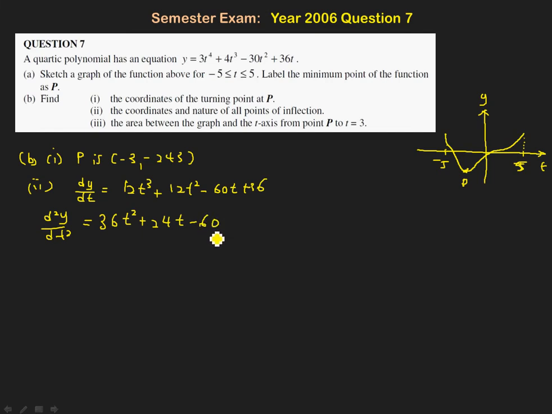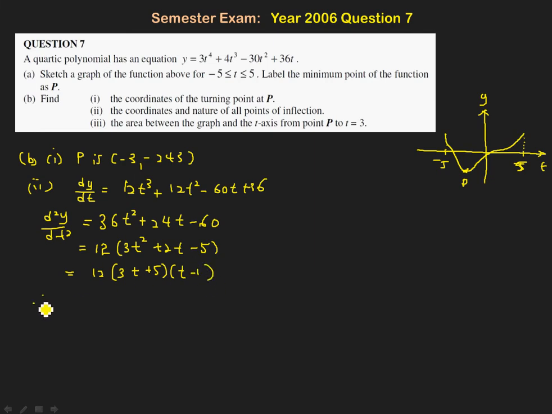If you think about it, all three terms have a common factor of 12, so I end up with this. And you probably realize that this quadratic can be factorized. It's (3t + 5)(t - 1).